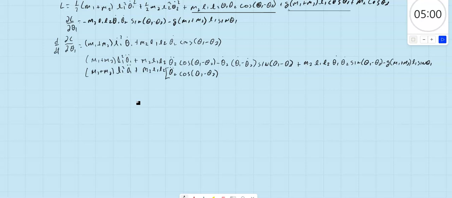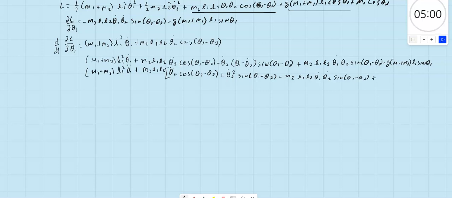This times this will give me plus theta 2 dot squared sine (theta 1 minus theta 2) minus m2, which is coming from over here, m2 L1 L2 theta 1 dot theta 2 dot sine (theta 1 minus theta 2).